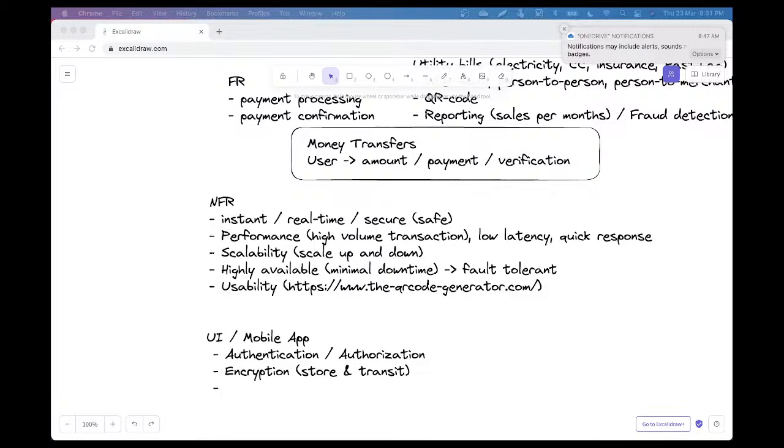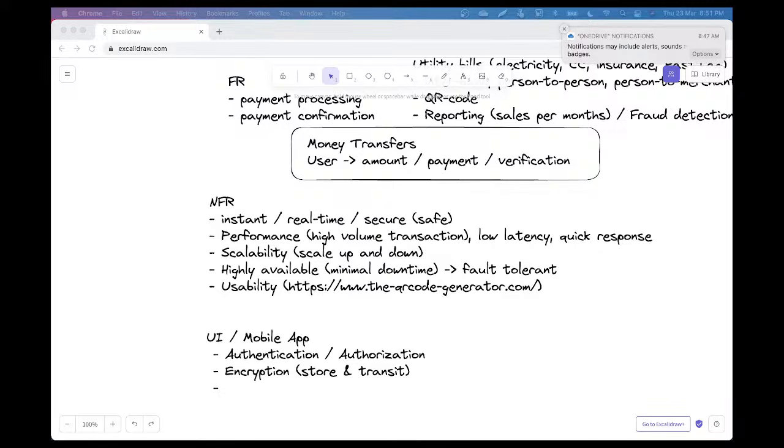Right, absolutely. Because assume someone hacks the database of Paytm, and Paytm is storing all the credit card information. Then the damage could be a lot.